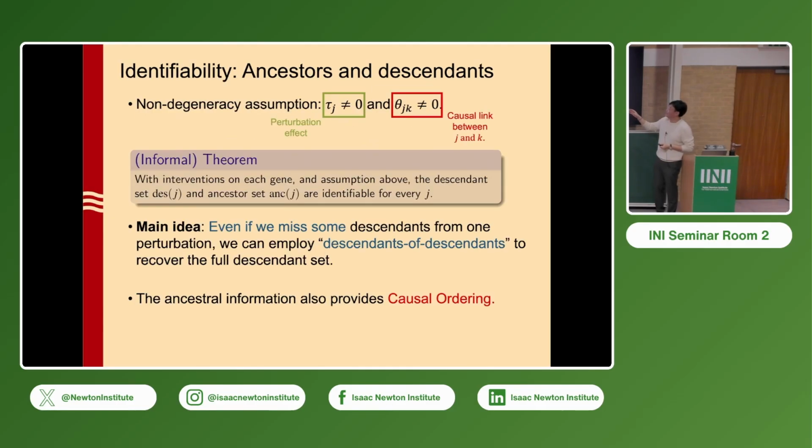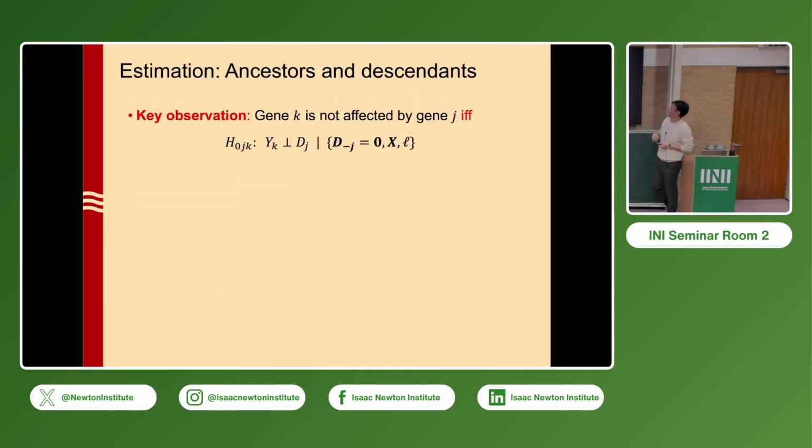So that's the identifiability result, and how do you estimate that? Essentially, we know that gene K is not affected by gene J if this conditional independence holds. That's the null hypothesis.